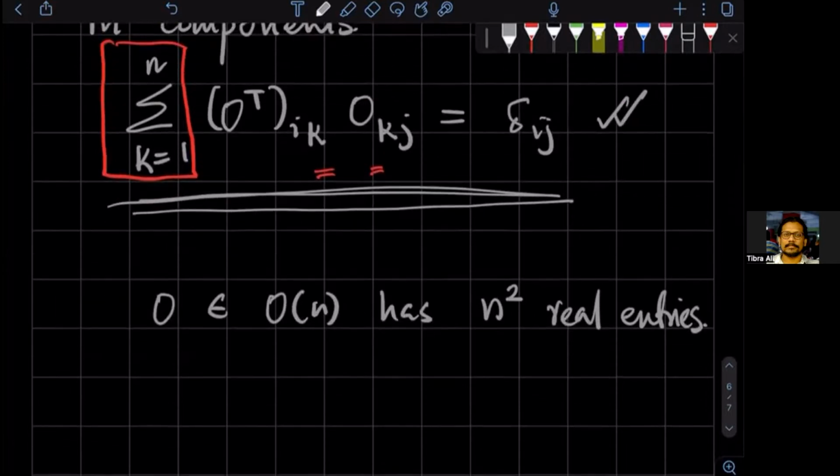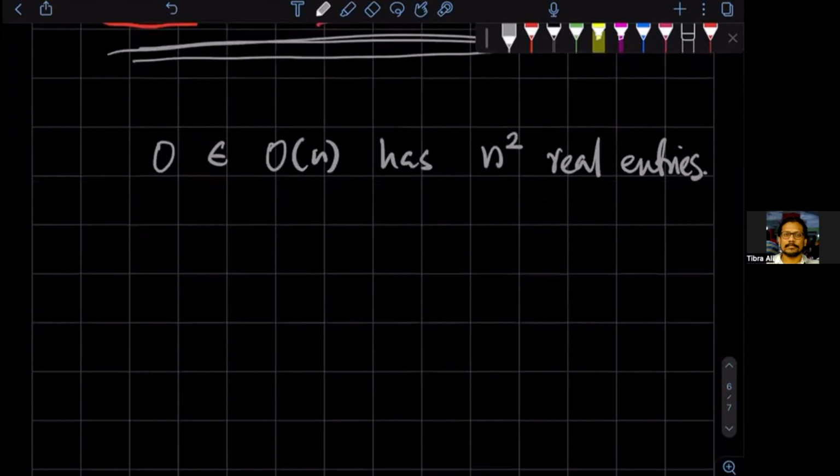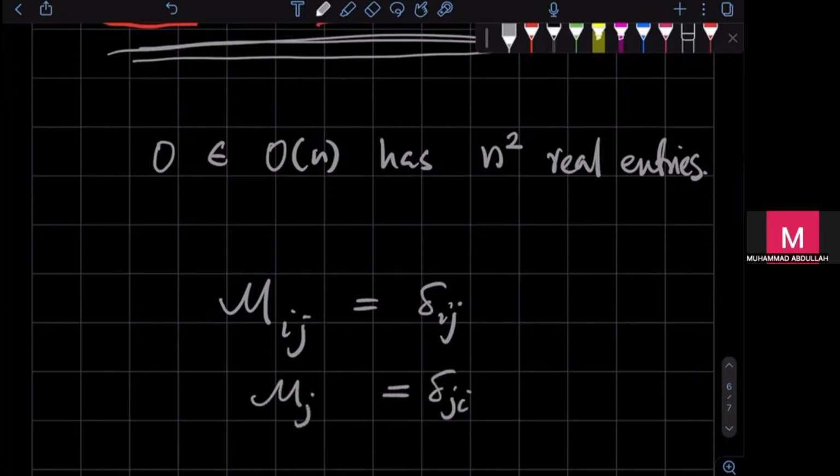So let's write the left-hand side as some matrix M_ij, and the right-hand side as delta ij. Now, is this equation symmetric in i and j? Like, if I write it as delta ji, does this give me delta ij? Is this the same equation? Do you understand the notion of symmetry, that this is a symmetric tensor?